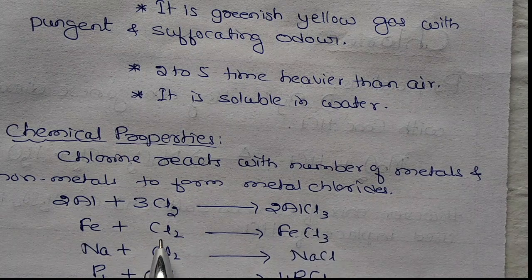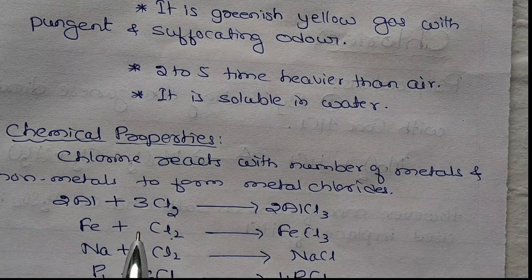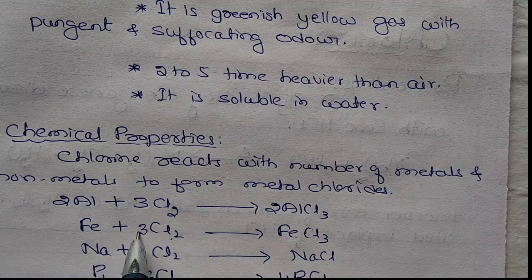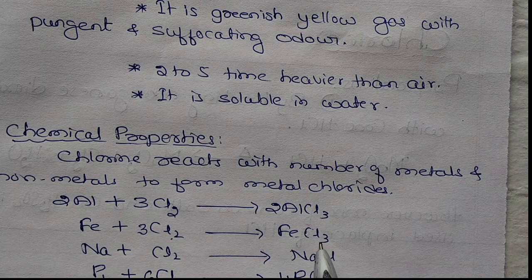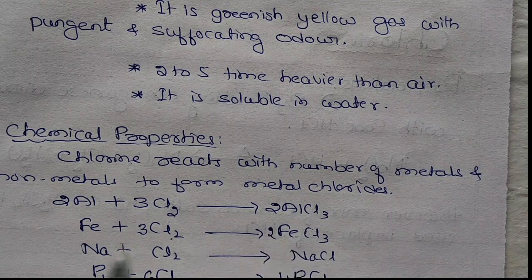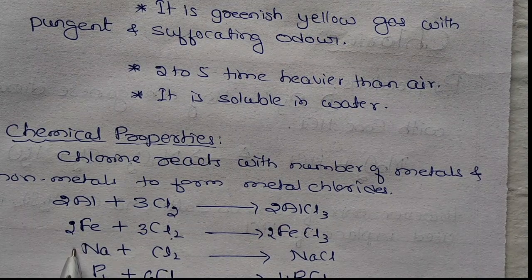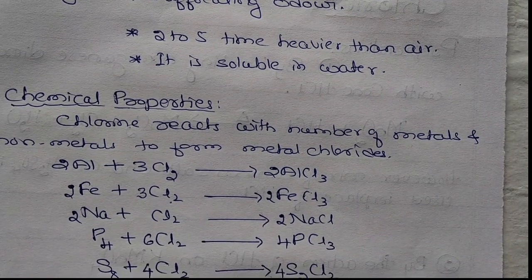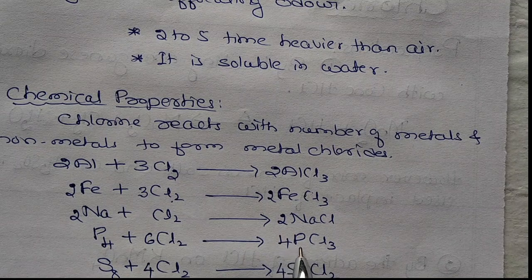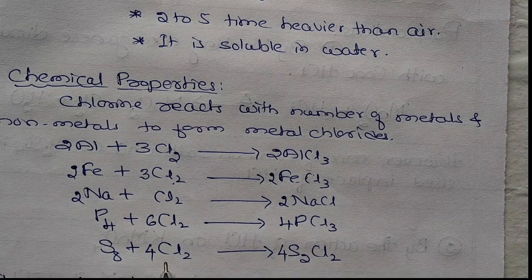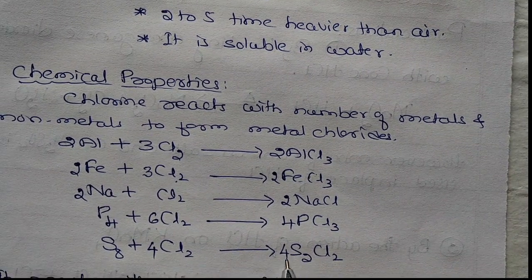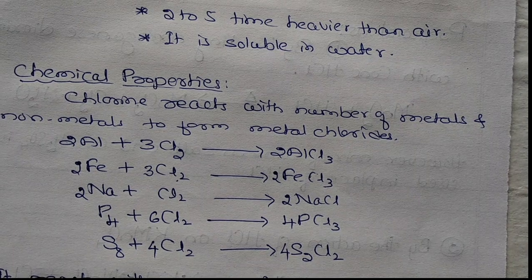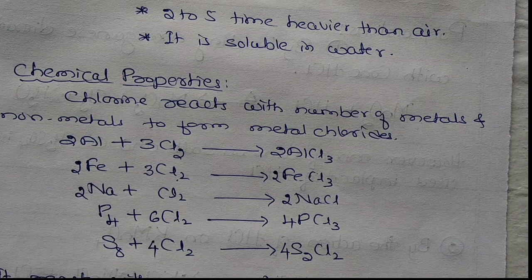FeCl3 should have 3 chlorines, here there is 2. If I write 3 here, 3 times 2 is 6, so we need 2Fe, and 2NaCl. So I think this is balanced. P4 with 6 Cl2 gives 12 chlorines, and S8 with 4Cl2 gives S2Cl2. So this is about how it reacts with metals and non-metals.